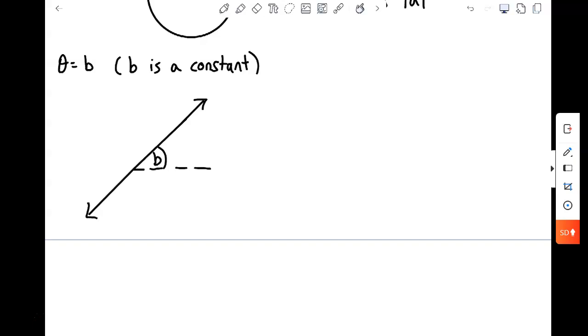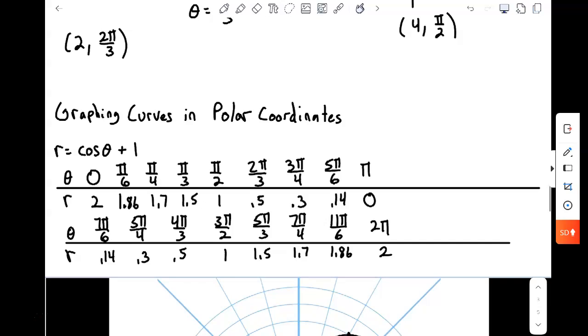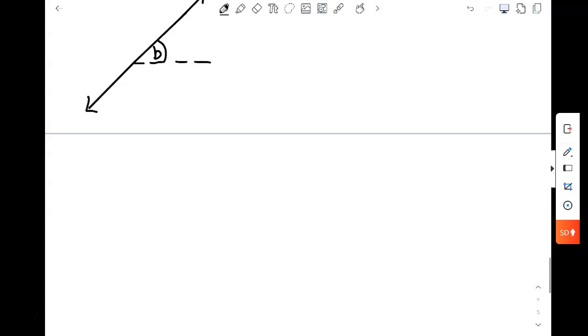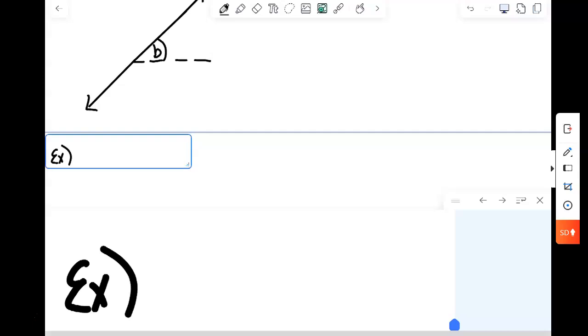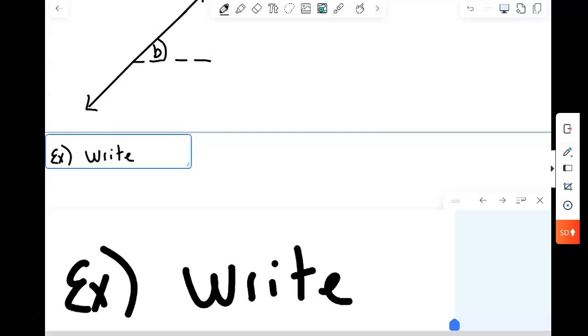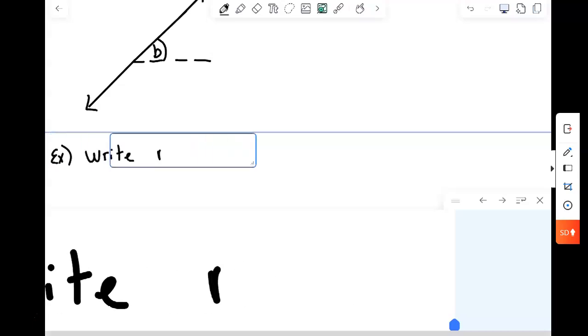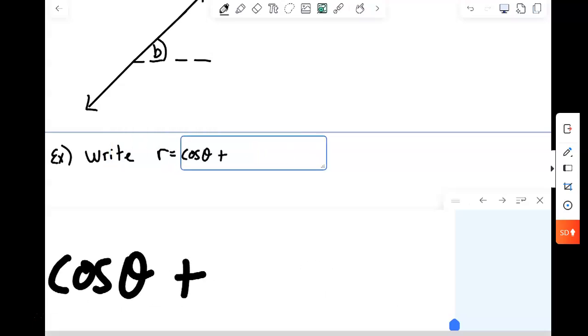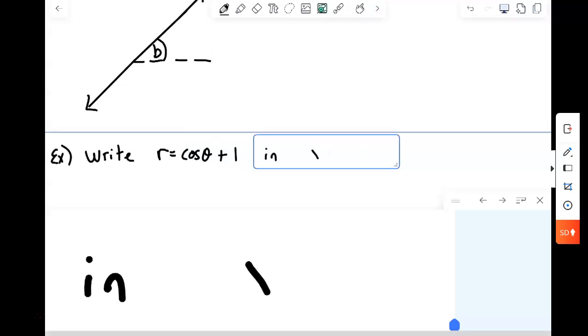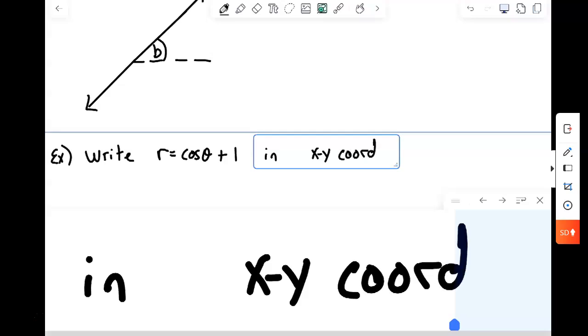Now, let's go back to this equation that we looked at, r equals cosine theta plus 1. And one of the things we're asked to do is to convert from r theta form over to xy form. So let's consider that as a problem. I'm going to write the equation r equals cosine theta plus 1 in xy coordinates, or in other words, in rectangular form.